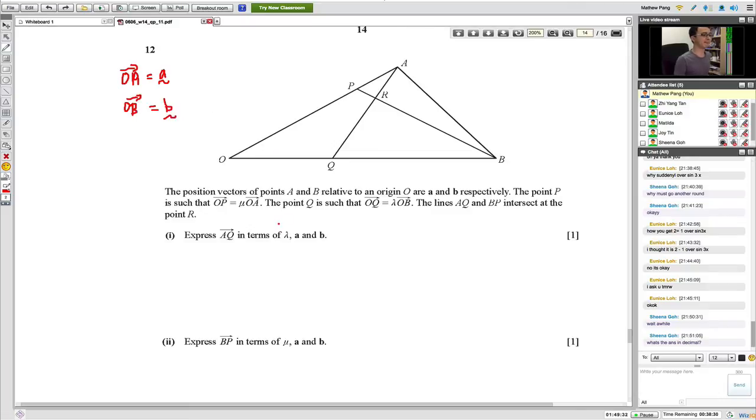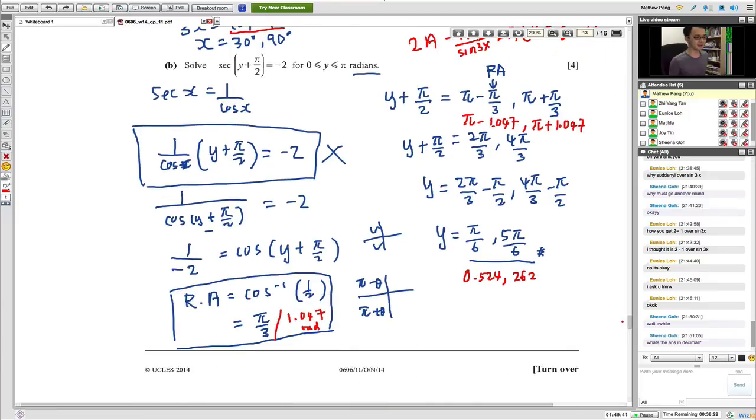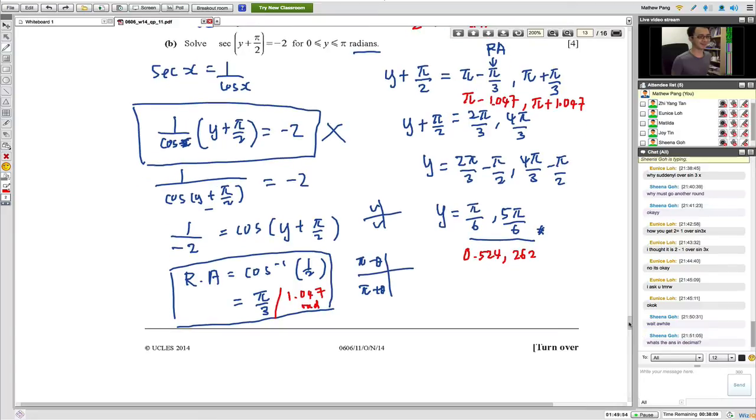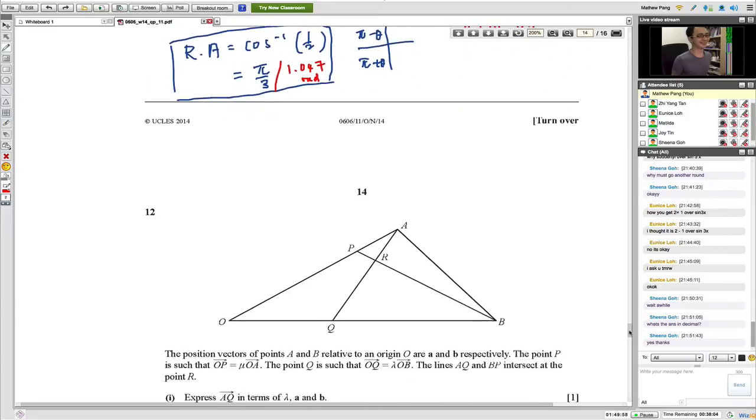Then what's the answer in decimal? The answer in decimal will be 0.524 and 2.62. Do you get the same answer, Sheena? You get the same answer, yeah. Okay, good. Then now we can go to vector.